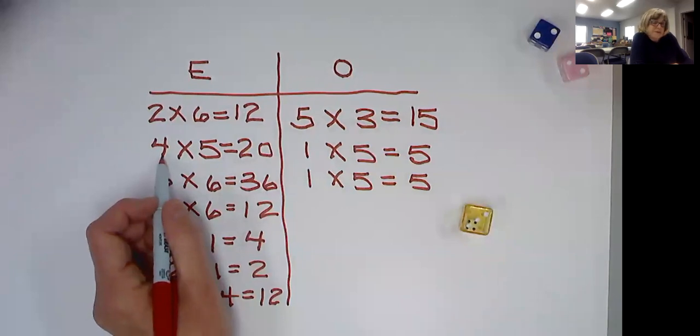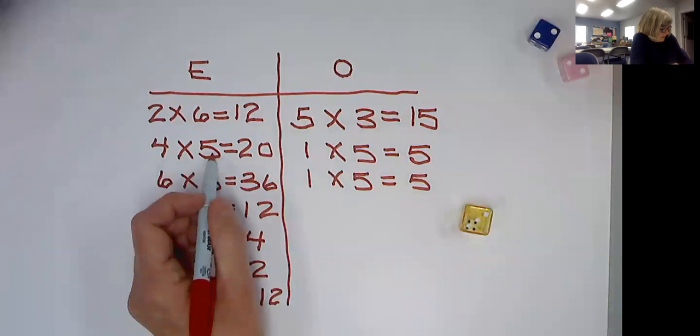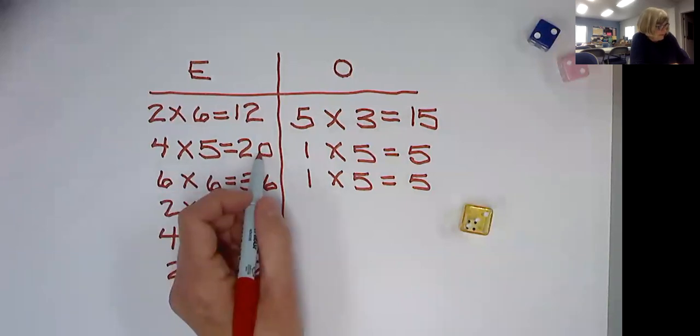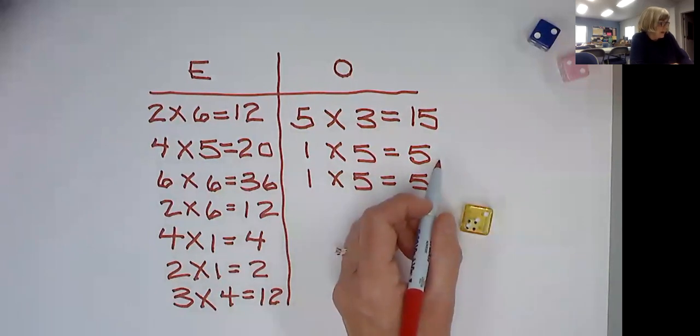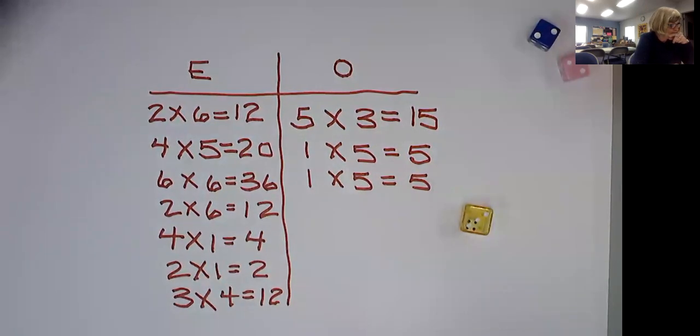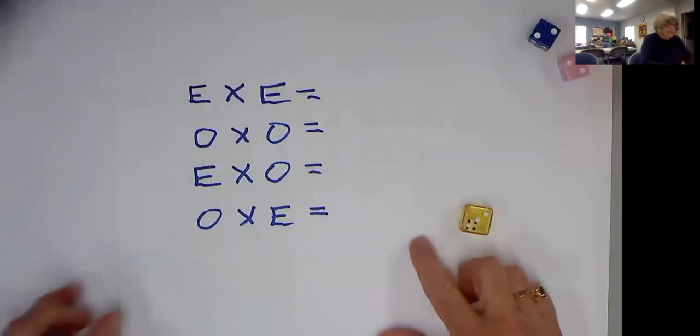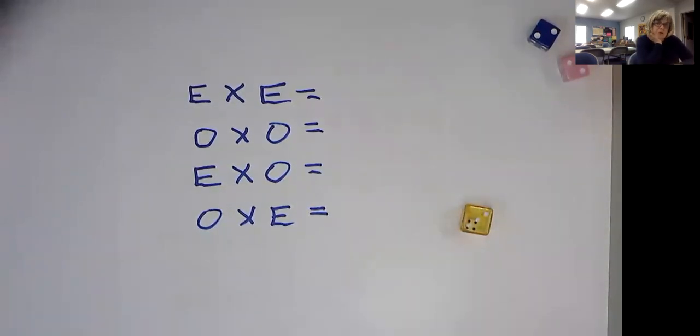This is an even times an odd, and I got an even. Oh, this is another odd times an odd, and I got an odd. Well, I can tell that these 4 things occurred when I played the game with multiplication.